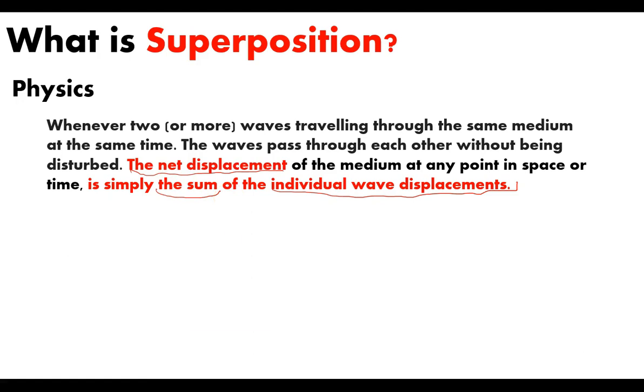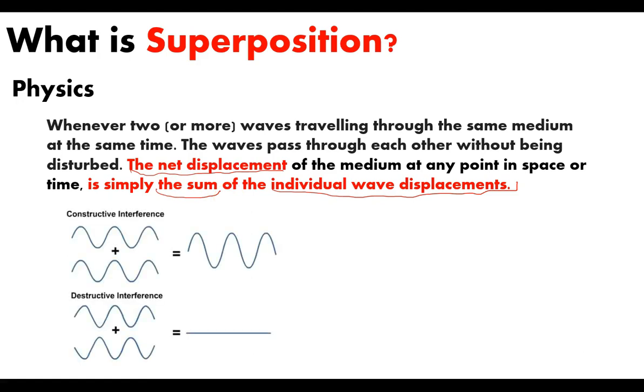wave displacements. And you can see this, this is something I pulled up off of Google. You've got two sets of waves. You've got a set of waves that are pretty well in sync with each other, and when added together, their overall displacement is doubled. And you've got two waves that are opposing one another, and they have a net displacement of 0.